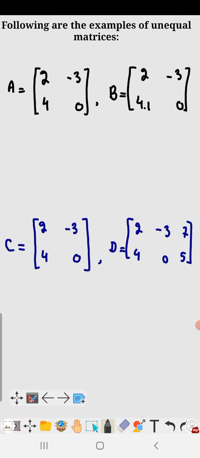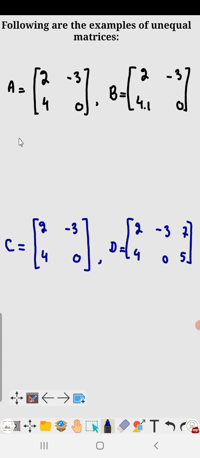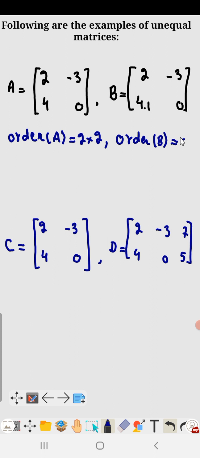Now we see some unequal matrices. See matrices A and B. The order of A is equal to 2 by 2, and the order of B is also 2 by 2.